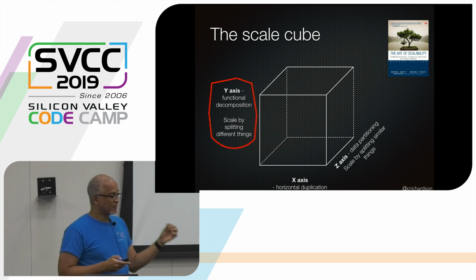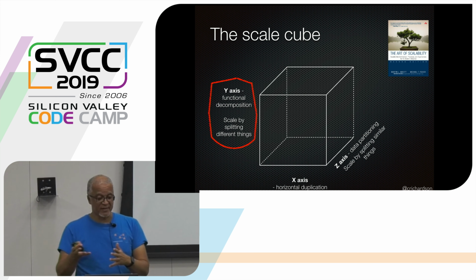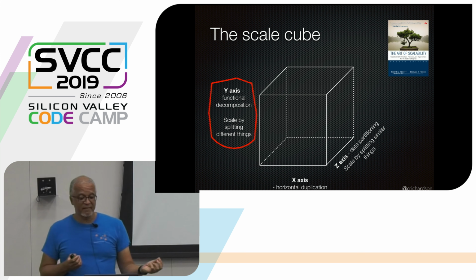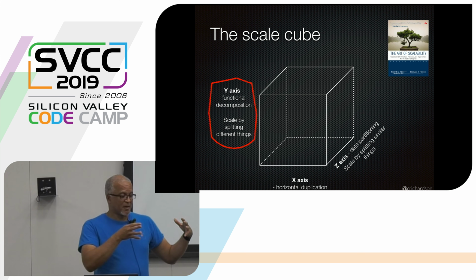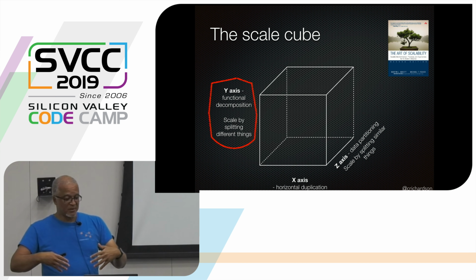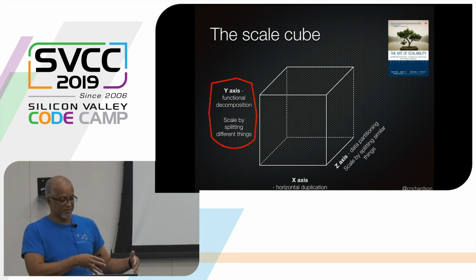The first two are focused on dealing with transaction volumes and data volumes and availability. Y-axis scaling is about primarily tackling complexity, system complexity, by applying functional decomposition and breaking what would otherwise be a monolith up into a set of services.